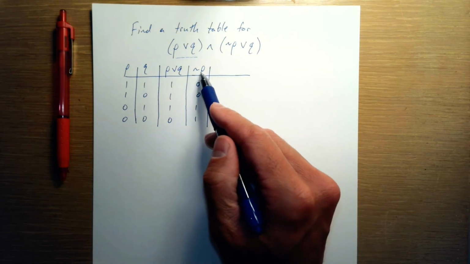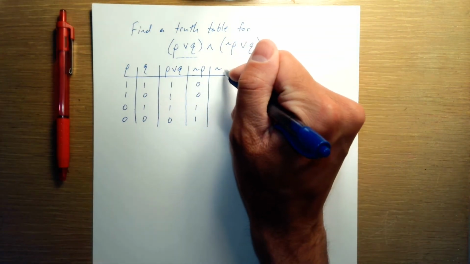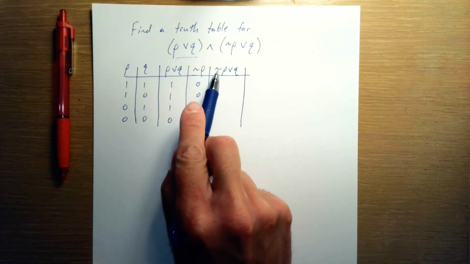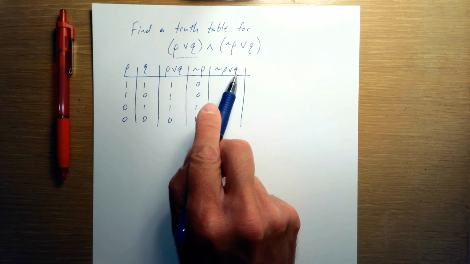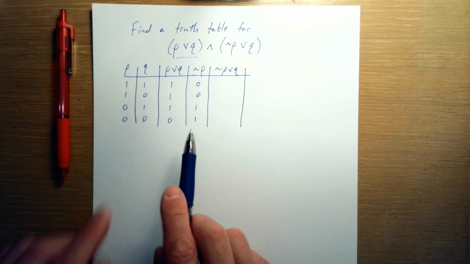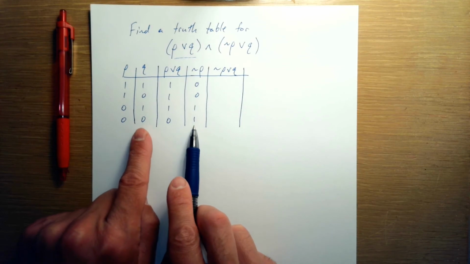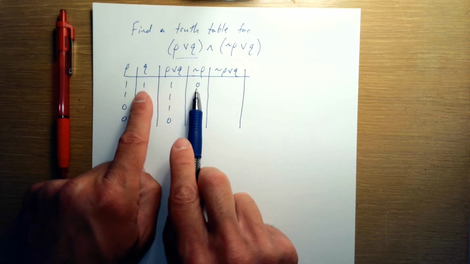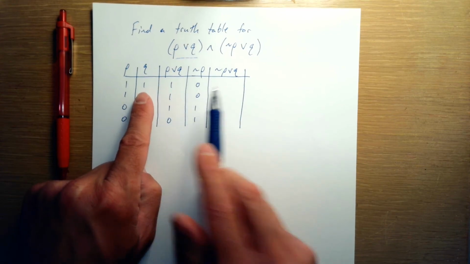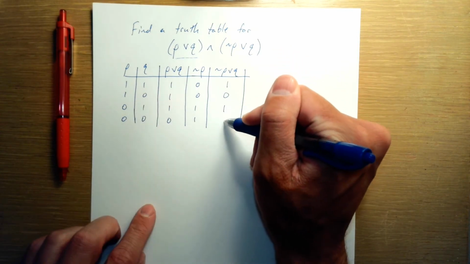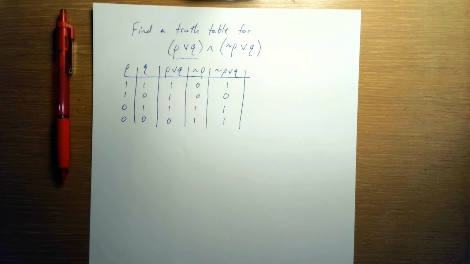And then once I have not P, I can make not P or Q. So this is true exactly when at least one of these two things, not P or Q, is true. So I'm looking at these two columns, not P, Q. And so if we follow this along and find out when is at least one of these true, here, not here, and those are both true.